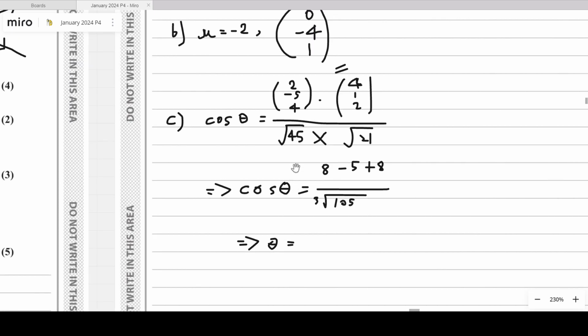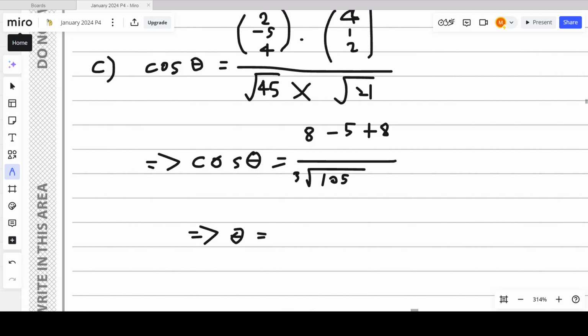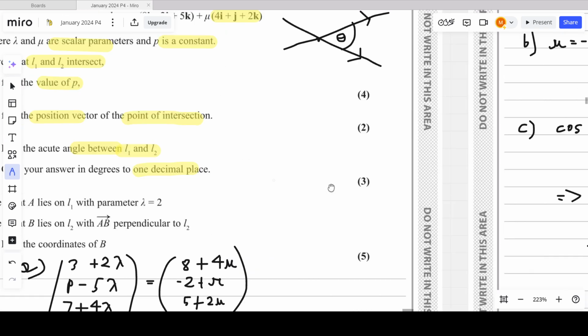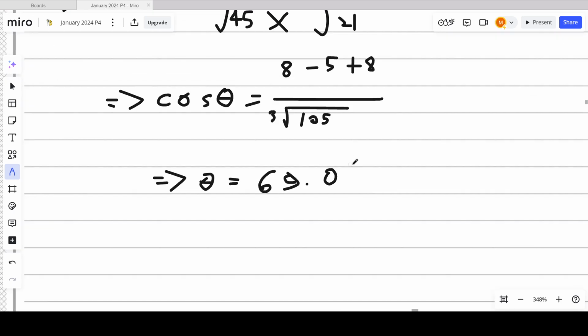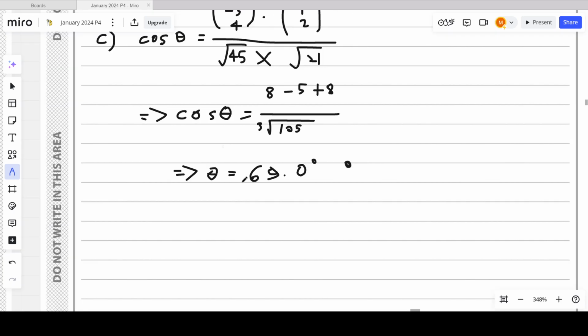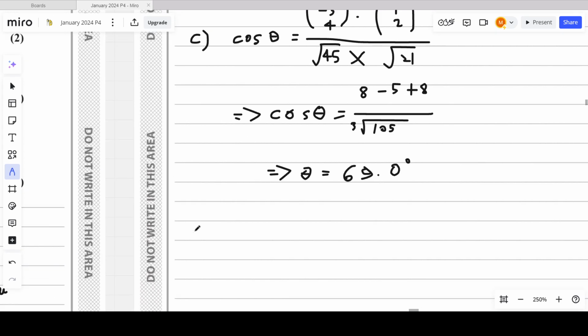It would be 69.0 degrees. So the value for theta we got is 69.0 degrees. They wanted 1 decimal place, right? 1 decimal place. So that's the answer for part C.